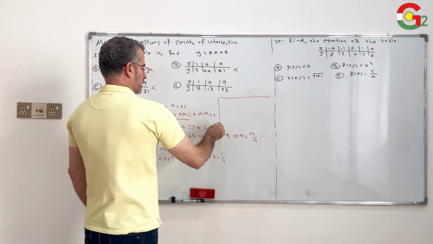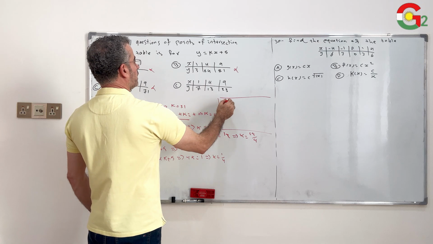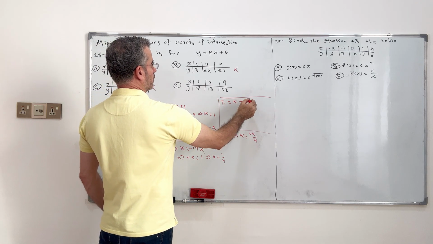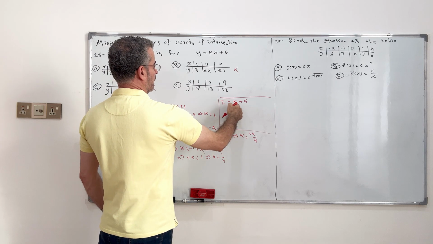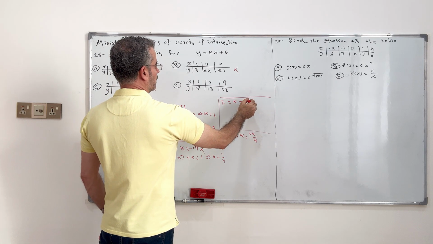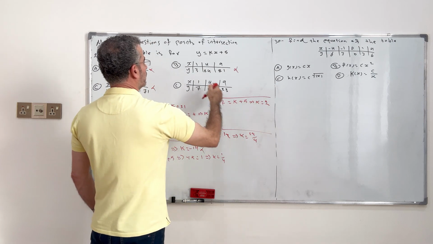The last one, let me check it here. When y is 7, x is 1, 1 times k plus 5. This gives me k equal to 2.